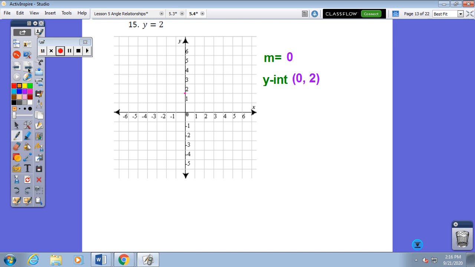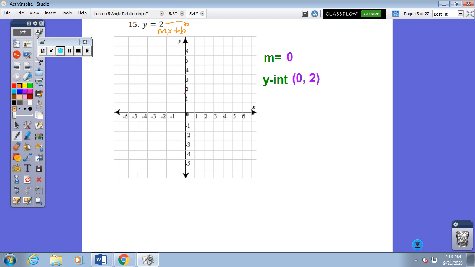Okay, 15. So again, for each of these, pull out your slopes. We'll talk about this one. It says y equals, so mx plus b. Well, if it's just a number, that's your b, because m and x are obviously 0 there.